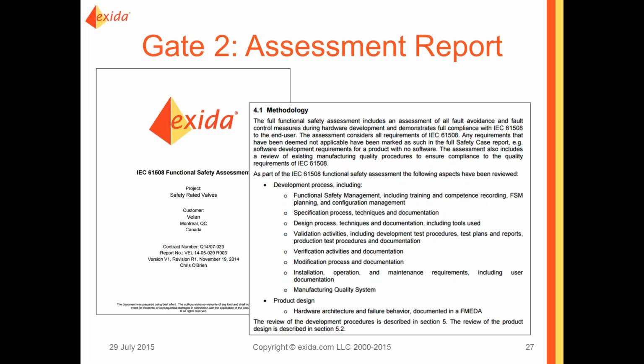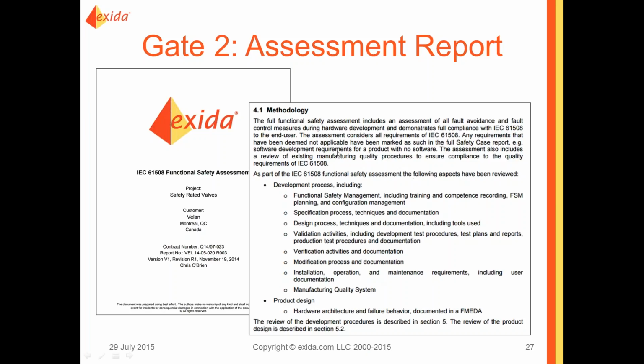This is just a sample of one assessment report, and we list in there the product, what's usable, and then the methodology, including all the different aspects of the product or process that are reviewed: functional safety management, specifications, the design process, the validation activities, the verification activities, the modification activities, the documentation to the end user, the quality system, as well as the hardware and architecture.